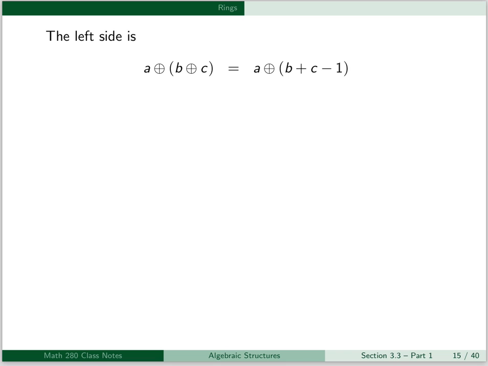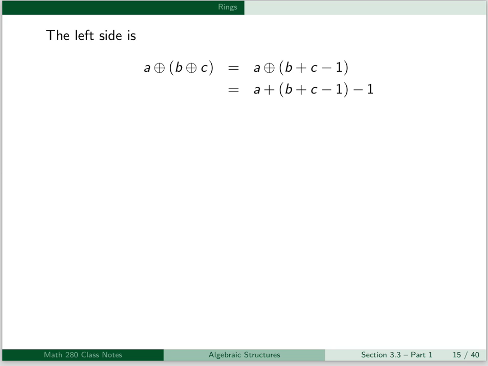That's substituting for the quantity in parentheses using the definition of our circle plus addition. And now applying the definition again, this equals A plus the quantity B plus C minus 1 minus 1. And we can simplify this. This is A plus B plus C minus 2.